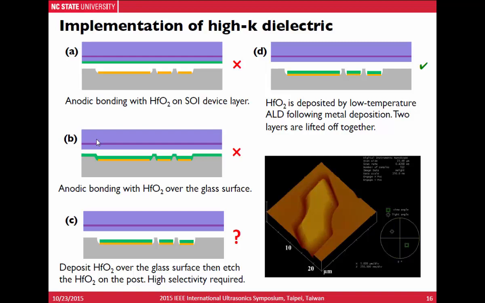Another way is to etch the dielectric layer on the glass post, but this requires a very high selectivity between the hafnium dioxide and the glass, which is difficult to achieve. Finally, we were able to deposit the hafnium dioxide using a low temperature ALD process following the metal deposition, and we lift off the two layers together. The AFM image shows the hafnium dioxide is defined in the cavity.